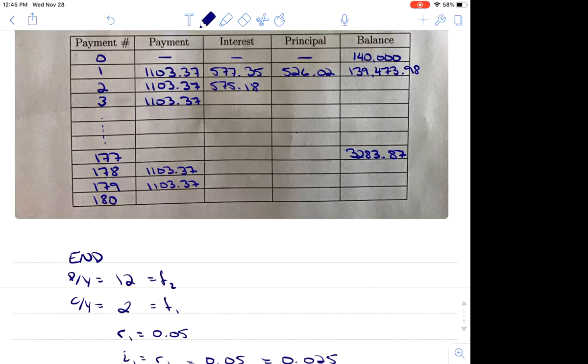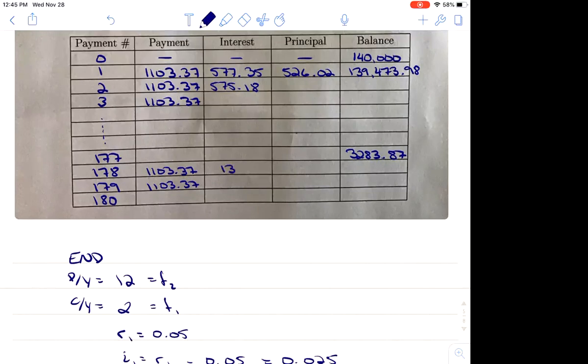So take $3,283.87 times I2, I have it in recall 1, I have to pay $13.54 in interest. Subtract that from my payment, 1103.37 minus 13.54, so $1,089.83 goes towards my principal.